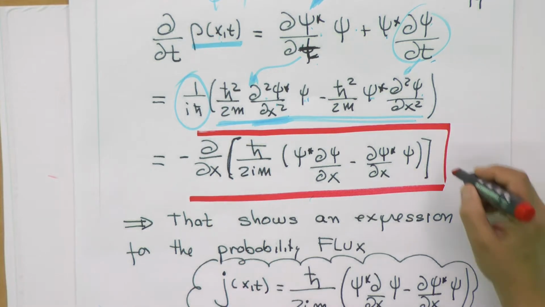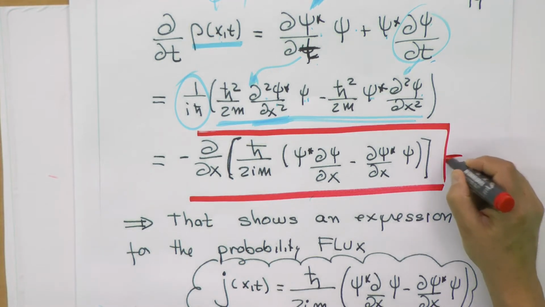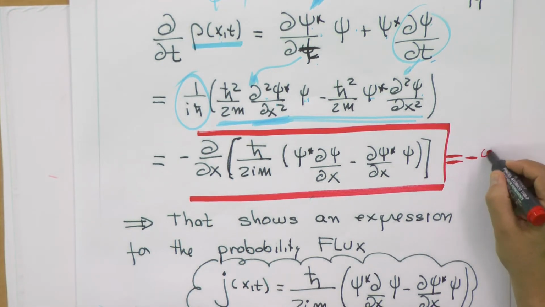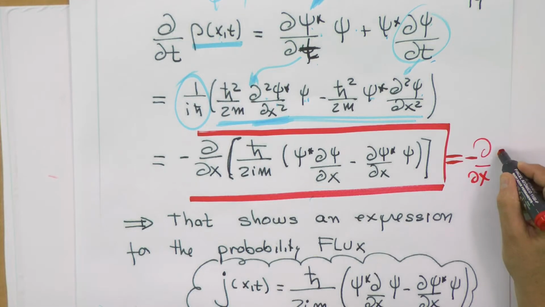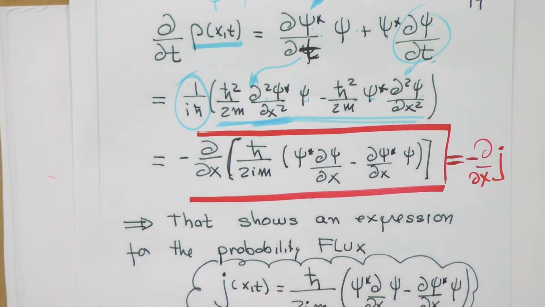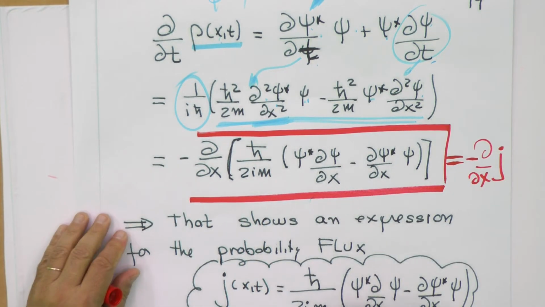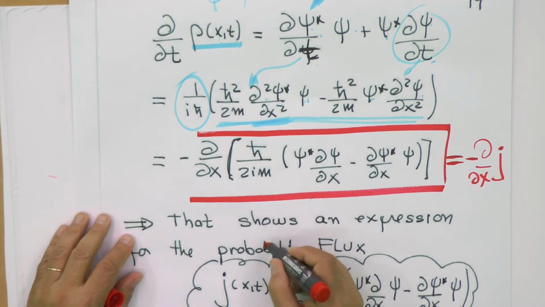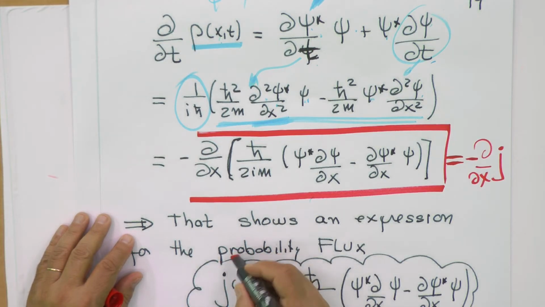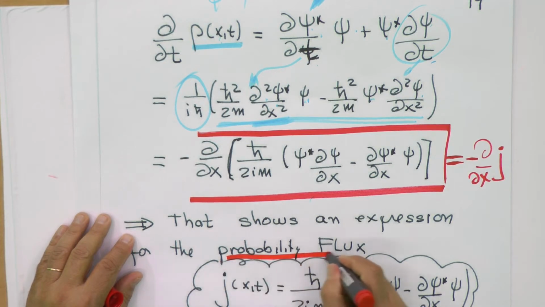If I pass to the other side, this should be equal to minus the spatial derivative of what I'm going to call the flux of probability. And just by looking here, you can identify the expression for the probability flux.